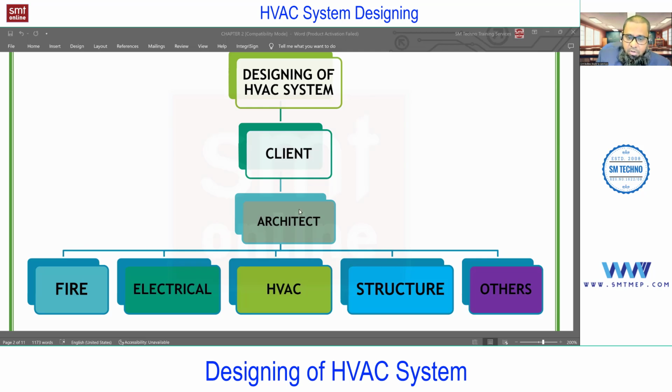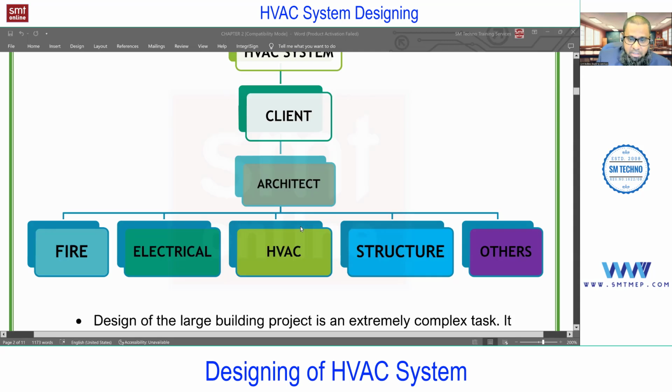As a client, you're going to contact the architect or the main consultant, who will take care of the overall planning of the building. After that, the architect will provide the architectural layout. He will prepare the architectural layouts, initially rough sketches, not in detail.